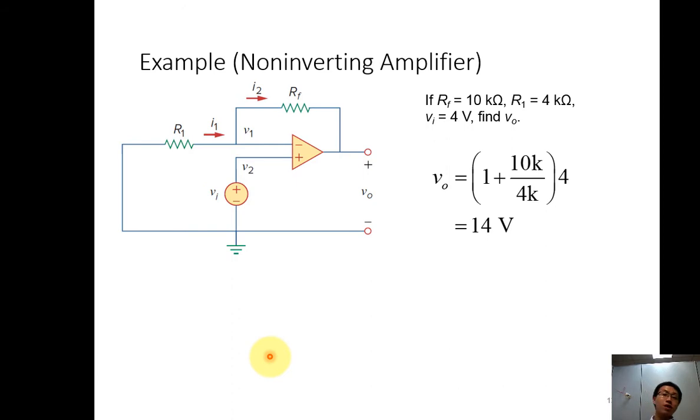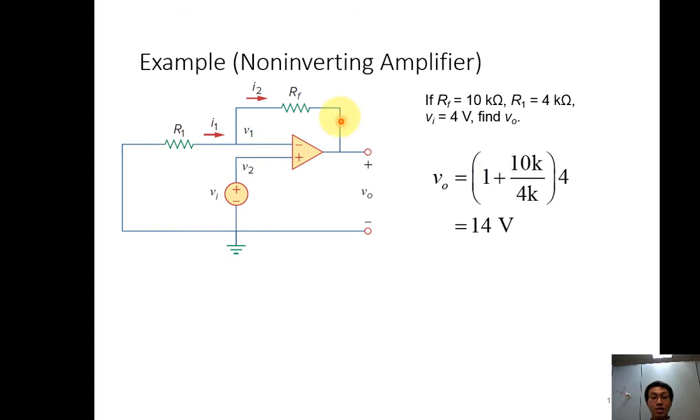So for example, for a non-inverting amplifier, first we need to see the circuit. Now RF is 10 kilo ohm, R1 is 4 kilo ohm, I have a Vin equal to 4 volt. So I use back the equation that we have derived, which is Vout equals 1 plus RF divided by R1 times Vin.